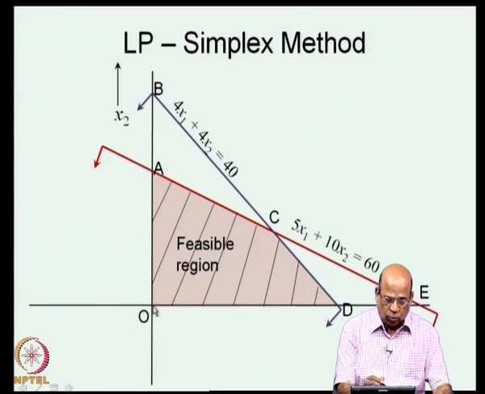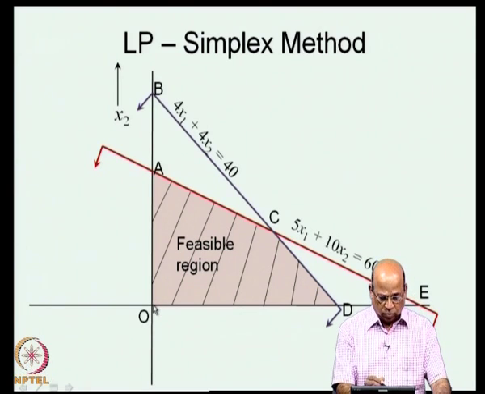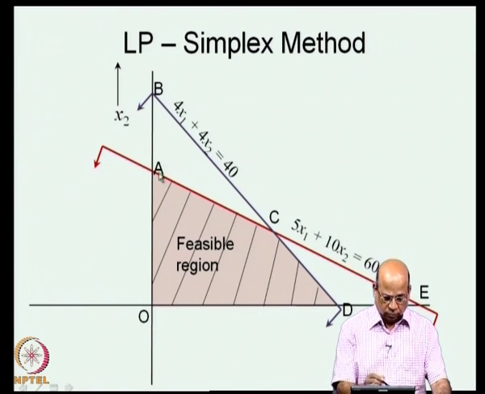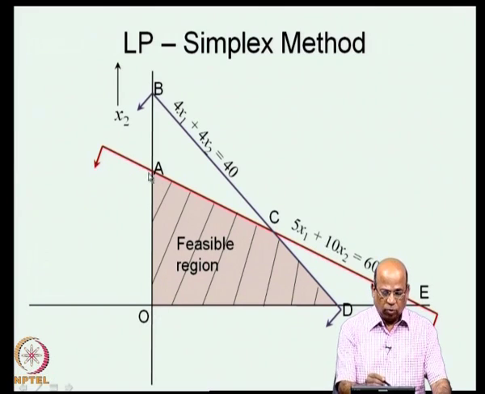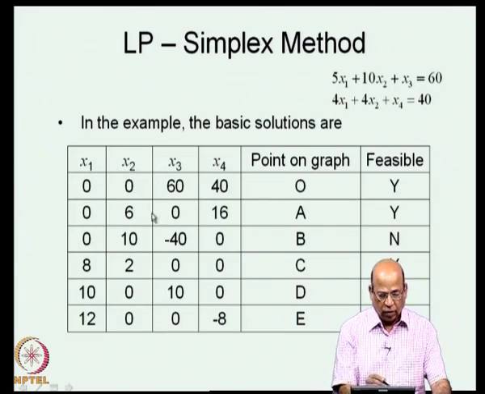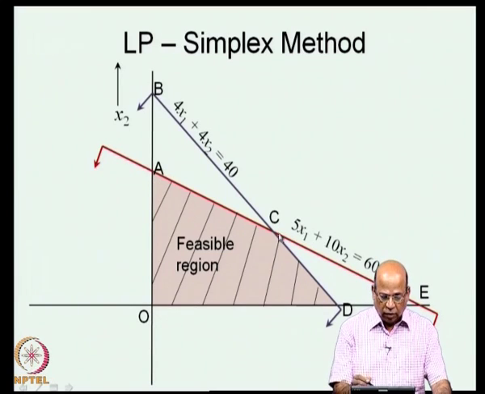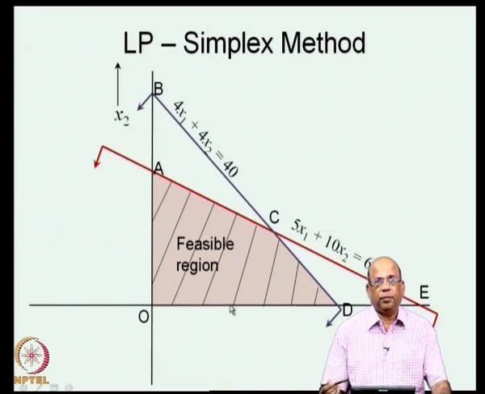Because you have set 2 variables to 0 to obtain the solution. In this case, you obtained it by setting x 1 equal to 0, x 2 equal to 0, and in this case by setting x 1 equal to 0 and x 3 equal to 0. Like this, each of these corner points are basic solutions and they are also feasible solutions. So, these form the basic feasible solutions.